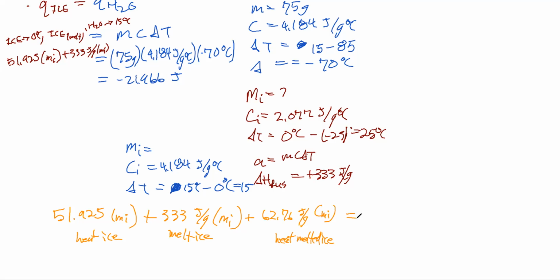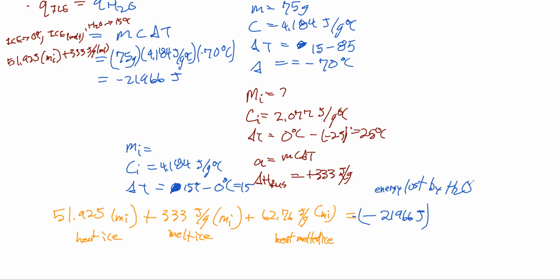All of that should be equal to the negative of our 2,196.6 joules, which is the energy lost by water. Okay, so we need to consolidate those.